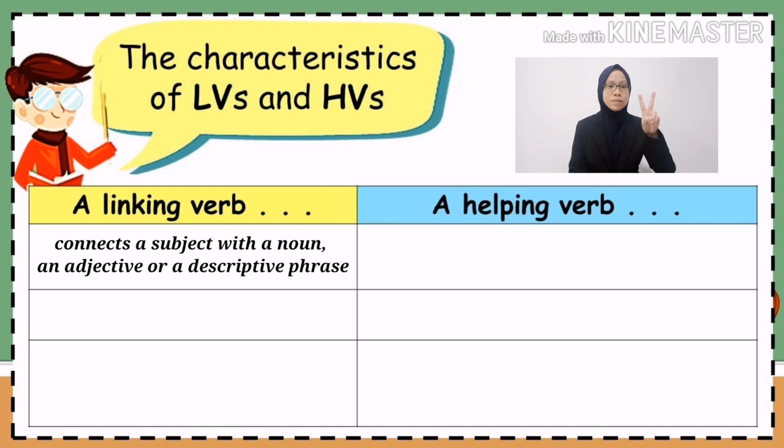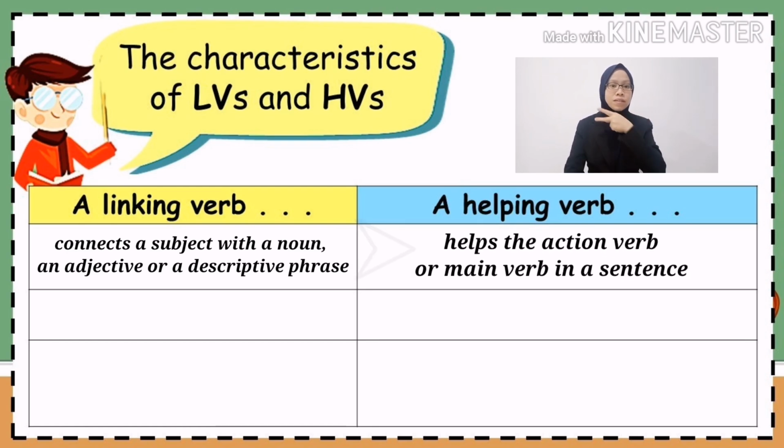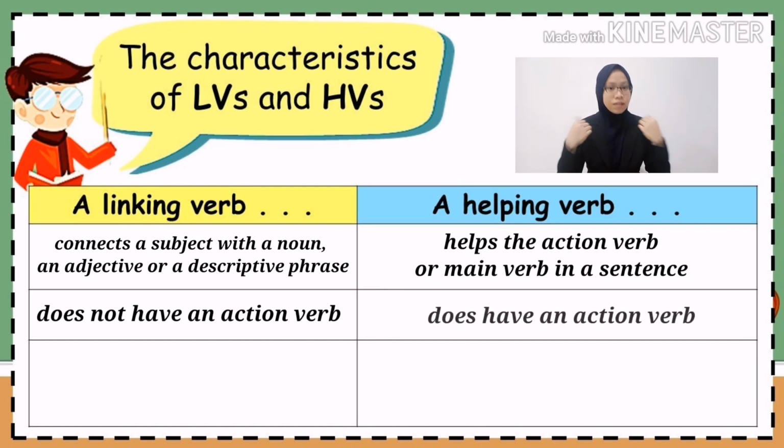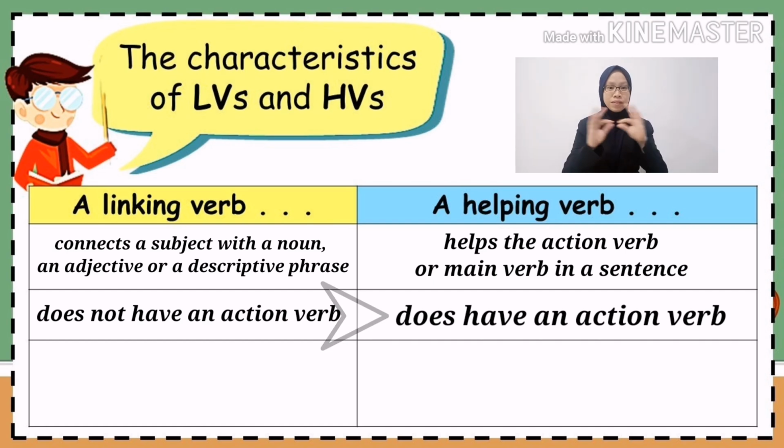However, a helping verb helps the action verb or main verb in a sentence. Next, a linking verb does not have an action verb in the sentence. Nevertheless, a helping verb does have an action verb in the sentence.